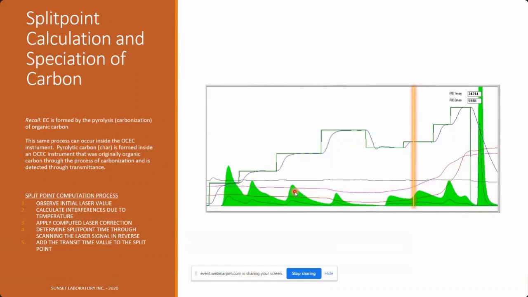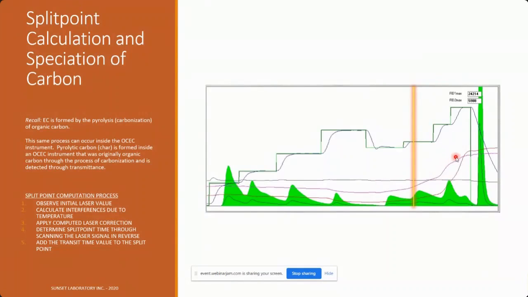Due to the unstable nature of the char formed inside the instrument, it will evolve off before the elemental carbon or diesel exhaust, or black carbon as you might call it, that is deposited on the filter through the collection apparatus.